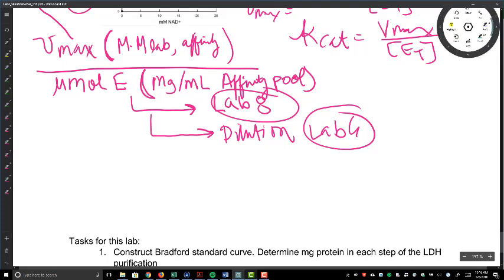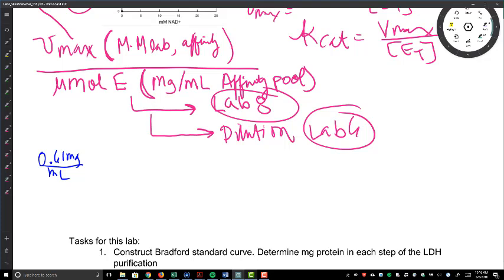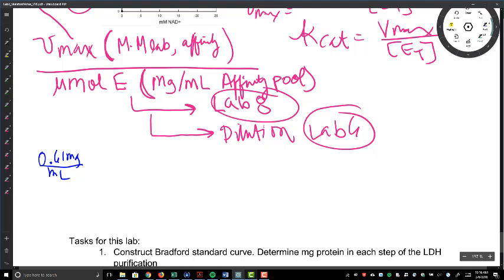We have a concentration. We know that our concentration of enzyme is 0.61 mg per ml. We used our Bradford assay, and we determined that our stock affinity pool is 0.61 milligrams per milliliter. So this is our stock, 0.61 mg per ml.